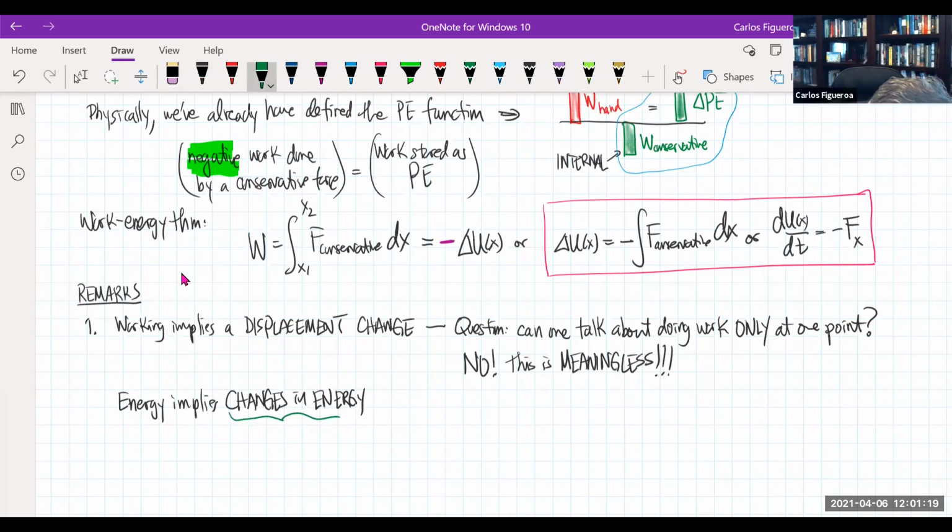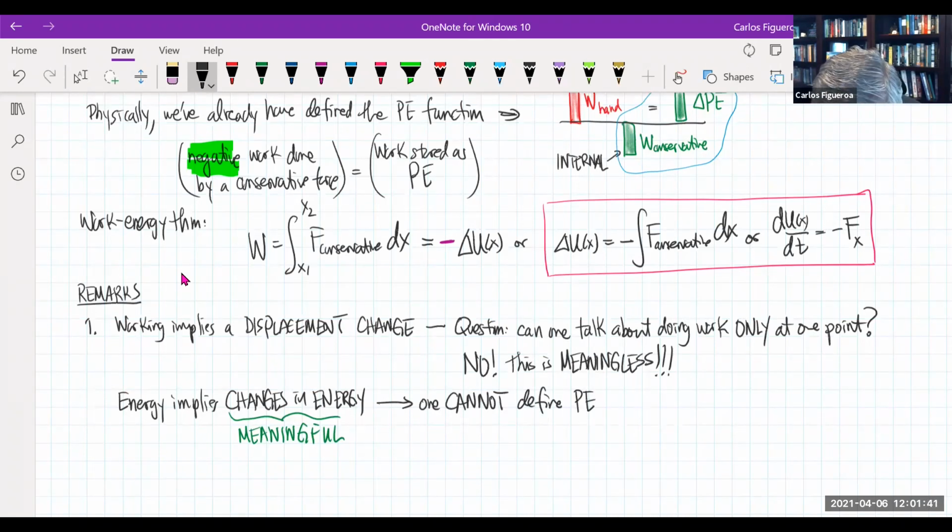So when we say this is meaningful, one cannot define potential energy at one location.